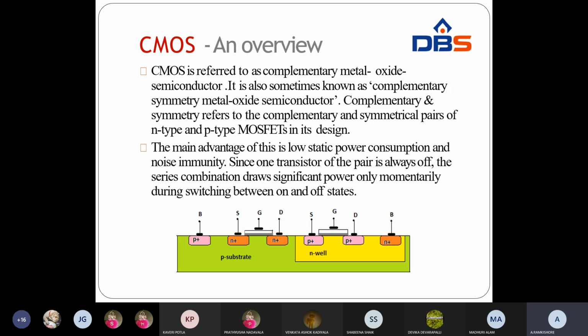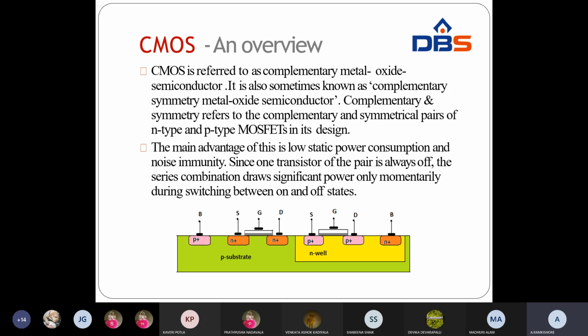So here the CMOS will be implemented in the N-well process. First of all, we have to take a P substrate. Within it, some portion will be filled with N-type material, so that will act like an N-well. Within the P substrate, we have to diffuse N-type material, and within the N-well portion, we have to diffuse P-type material. So that will work as the PMOS and NMOS transistors.